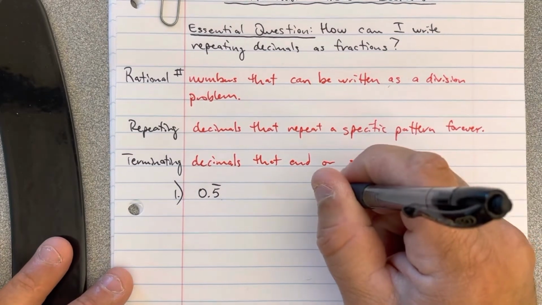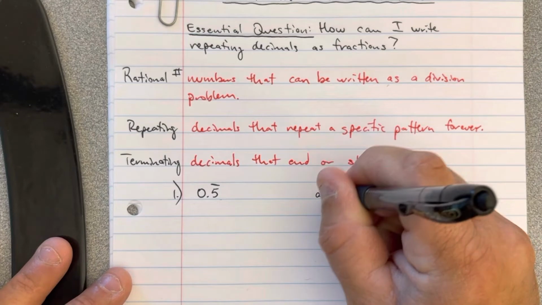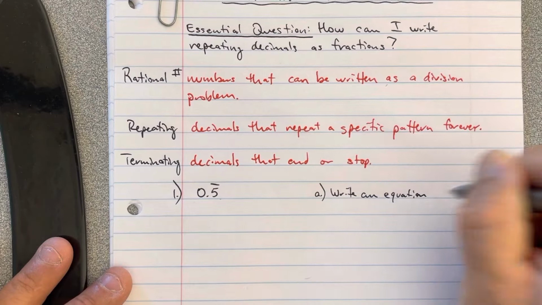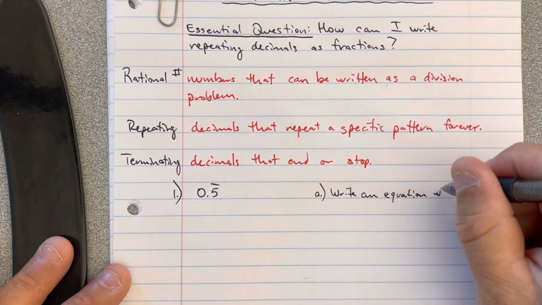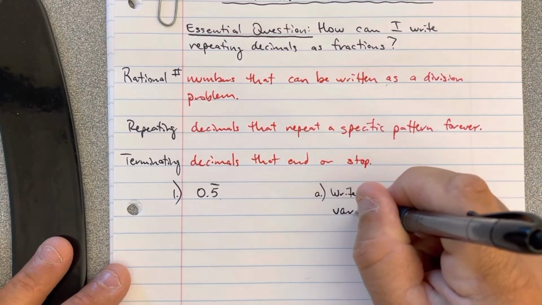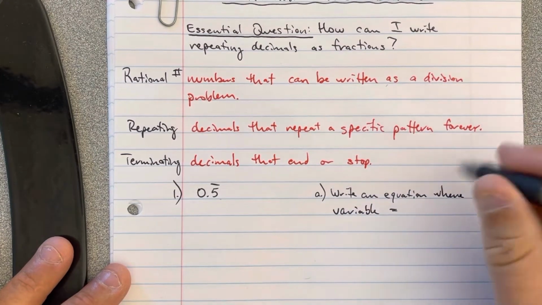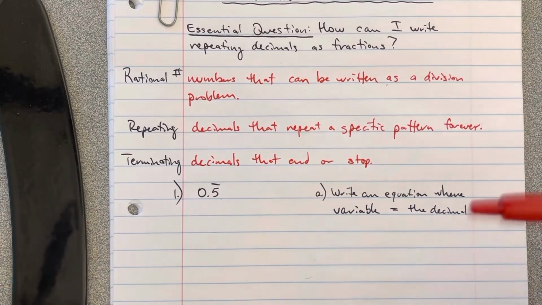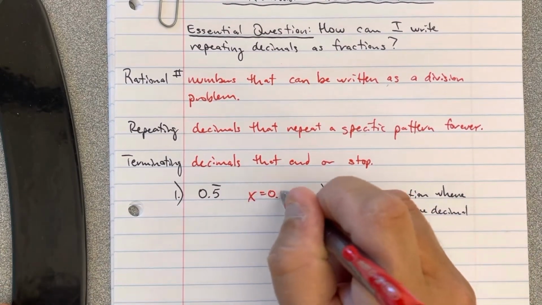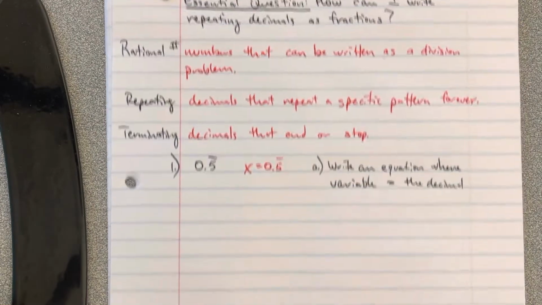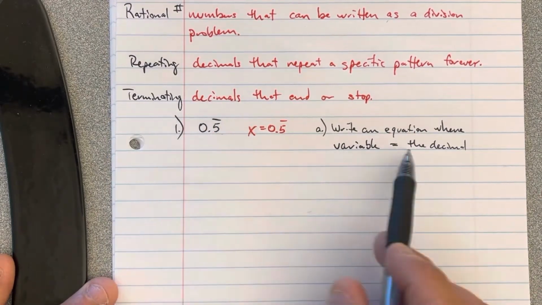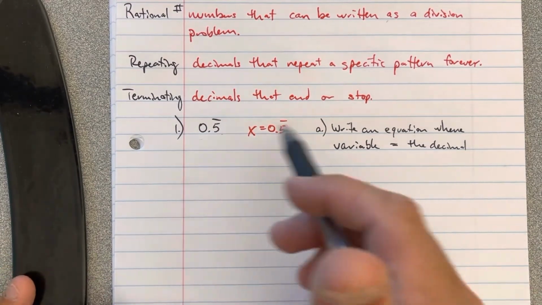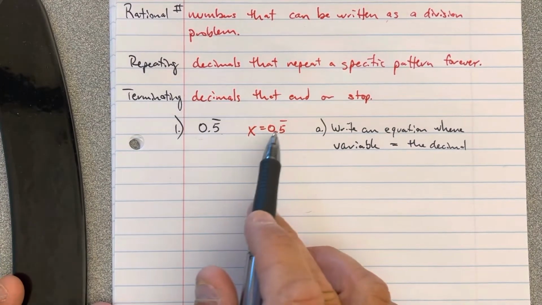The very first step is to write an equation where the variable equals the decimal. So I can just say x equals 0.5 repeating. Take that information, make x equal that.